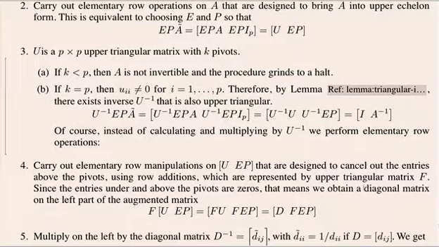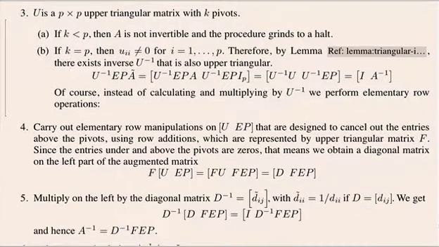Once we get this, then we get that entries under and above the pivots are zeros, which means that we obtain a diagonal matrix with this. So if we cancel out the entries above the diagonal with this F multiplication, what we get is a diagonal matrix D from U, and then on the right hand side we get something like F times E times P. So finally, to get the identity from the diagonal matrix, what we do is we multiply on the left by the inverse of the diagonal matrix.